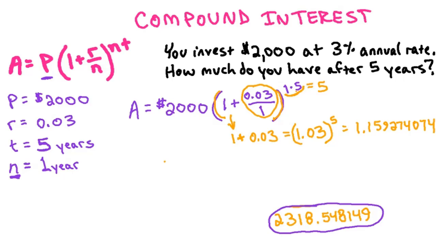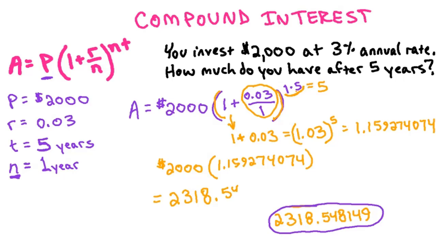So now we have $2,000 times 1.159274074. So let's multiply them by each other. So 2000 times 1.159274074 is 2,318.548149.